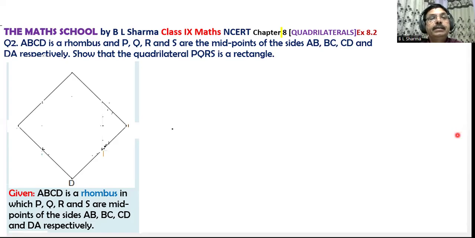So this point is like D, C, B, A. This ABCD is a rhombus, means all sides are equal, means AB is equal to BC is equal to CD is equal to DA. Midpoints of AB, BC, CD, DA are P, Q, R and S.